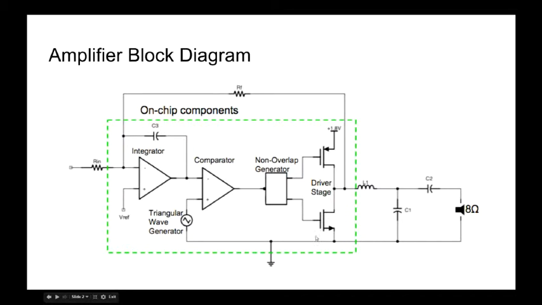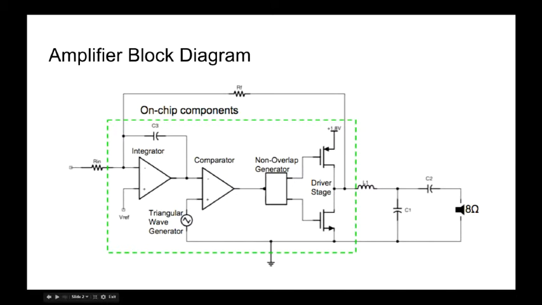All the parts in the green dotted line are the components that were designed in the chip. The output stage of the amplifier is a low-pass filter, and its purpose is to reconstruct the original audio signal.